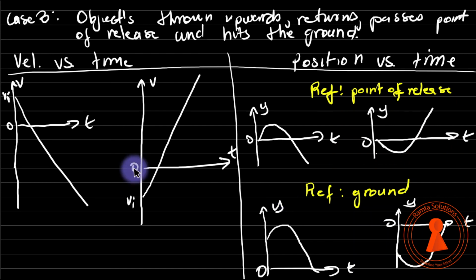Now, I also want to mention that here you will be asked to find, you need to understand the difference between distance and displacement, right? When they ask you what is the distance traveled, distance, remember, is the sum or the total length of the path taken.